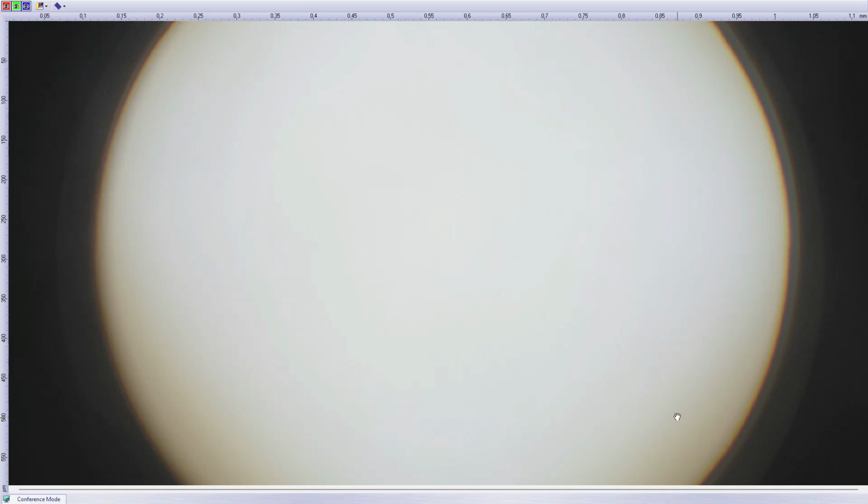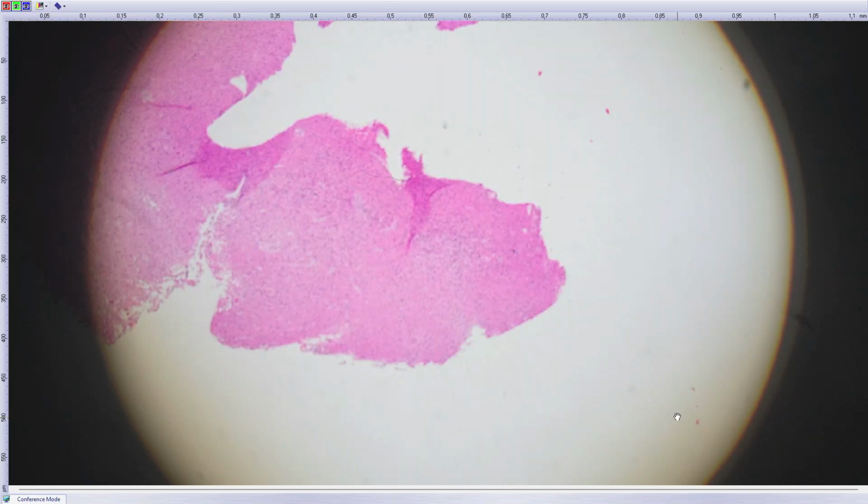My next case is a middle-aged adult patient with a brain tumor, sent in consultation. I don't know the location, nothing.